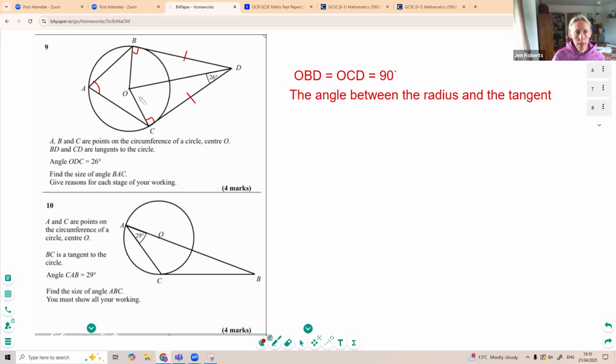Okay, so we've got a right angle triangle here, don't we? Angles in a right angle triangle add up to 180, which gives you this angle here is 64. Okay, COD.